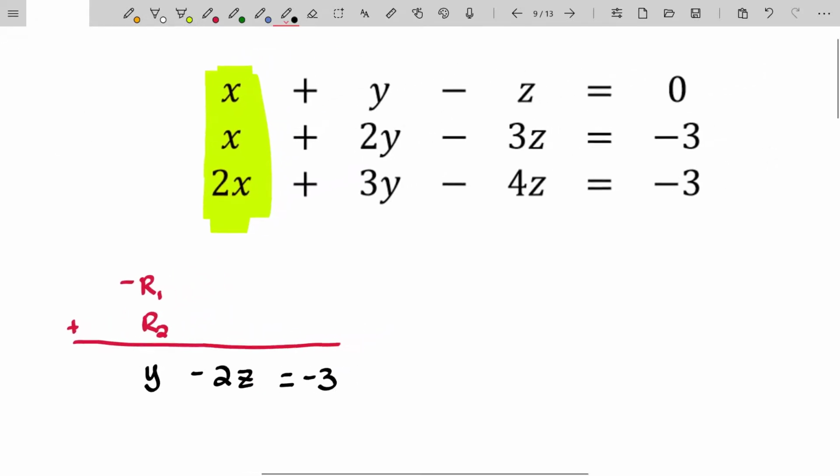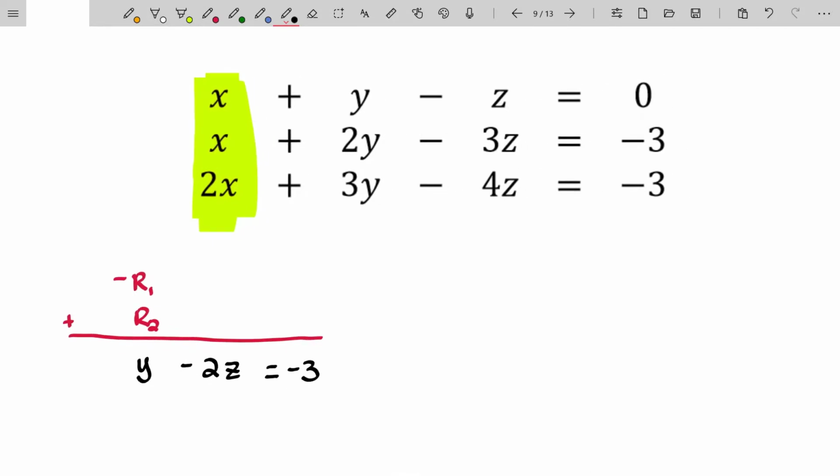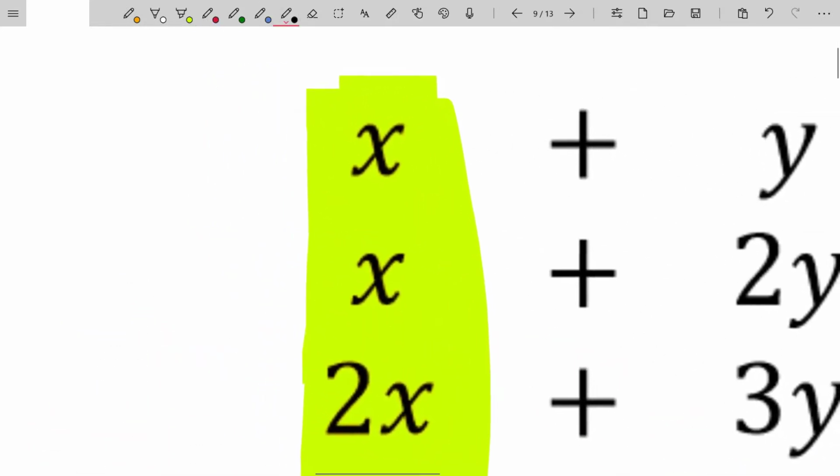And then I would say, okay, well, let me kill off another set of x's. So I'll do twice the opposite of row 1. So negative 2 times row 1. And I'll add that to row 3. And so if you do that mathematics, that'd be negative 2x plus 2x, they're gone.